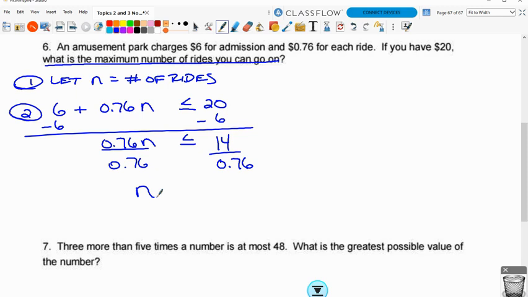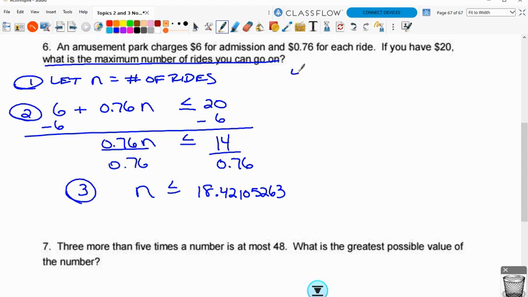We're going to have n, 18.42105263. That's what you get on your calculator when you do the division. And since we divided by a positive number, we're preserving the symbol. n is less than or equal to that decimal right there. So there's step number 3.